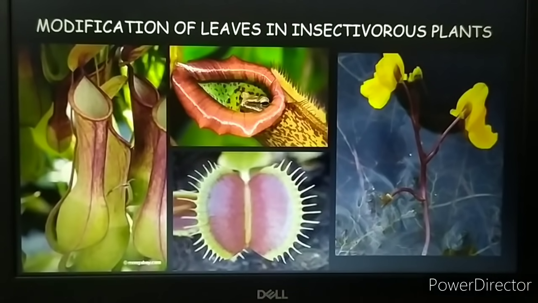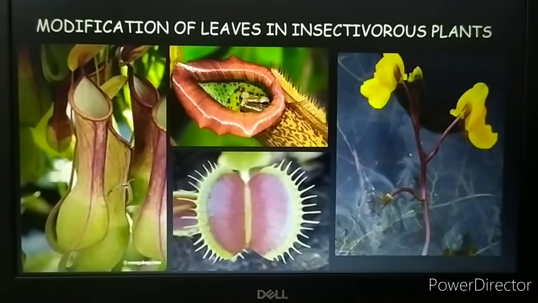What is the need? So let me tell you that there are some plants which grow in infertile soil, the soil which is deprived of nutrients, especially nitrogen. As you know, nitrogen is very important for protein formation and also for the growth of the plants.